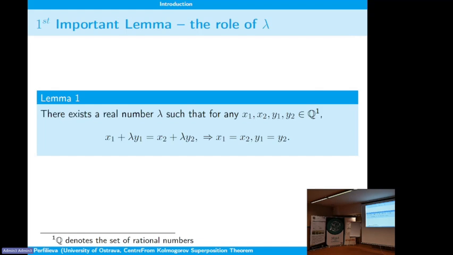Actually the role of lambda is to separate these combinations. Because if you remember, the focus is to select functions phi and then to define function g, but g is the external function, and therefore g should be defined on a set of distinct points.